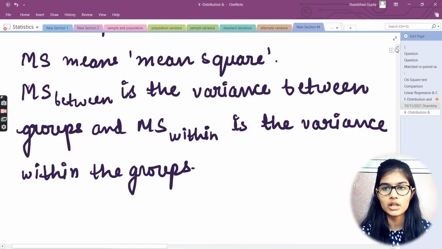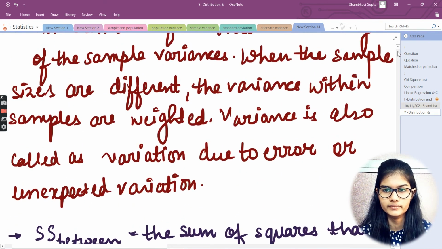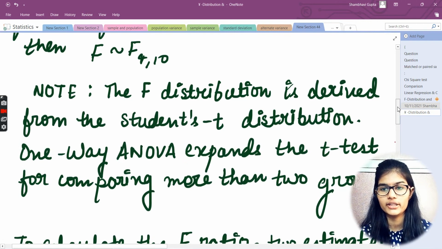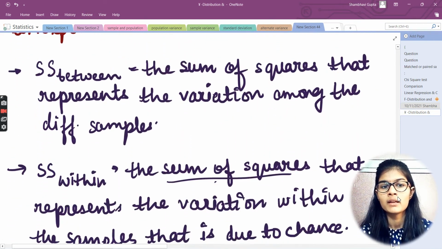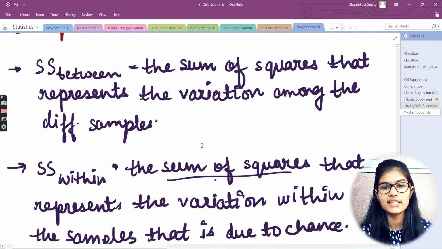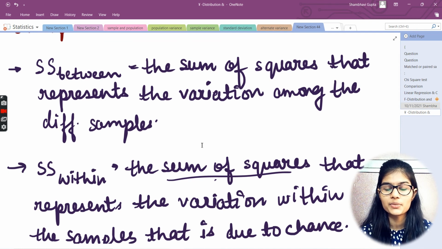Let me take you above a little bit. SS was the denotation that we used, right? We used SS between, that was the sum of squares that represented the variation among the different samples. So SS basically means the sum of squares. Now what does SS between represent?